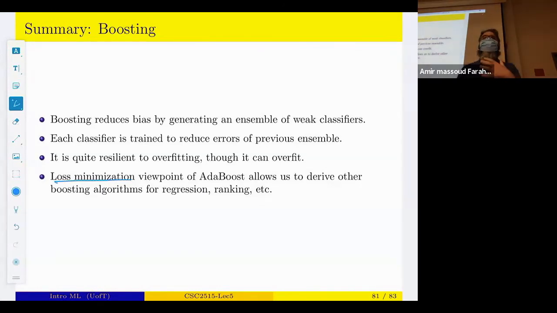Originally, AdaBoost wasn't introduced as loss minimization. It was just weighting of the data points. But we had this loss minimization viewpoint, which allows us to derive other boosting algorithms, for example, for regression, ranking, and things like that. It was big business a few years ago, I think like 15 or 20 years ago.